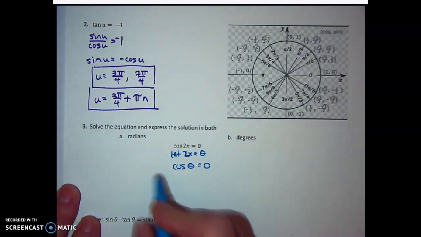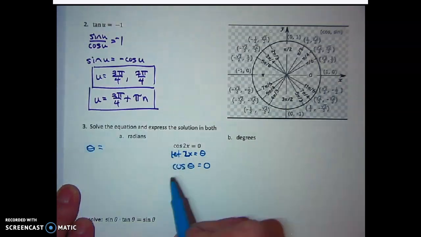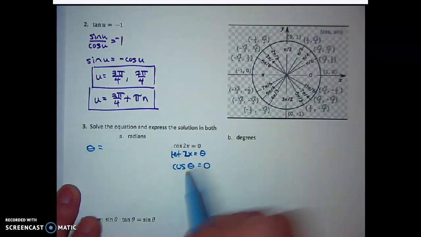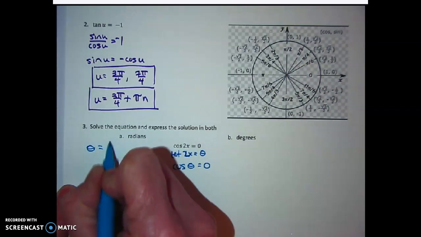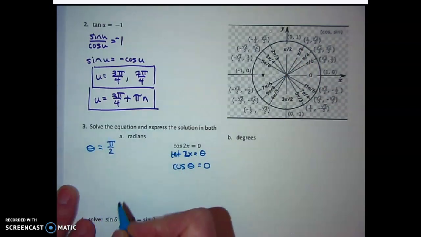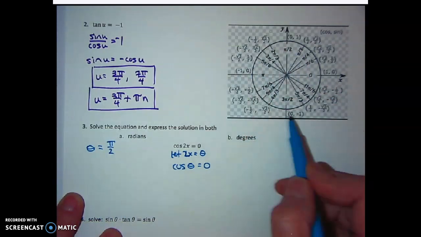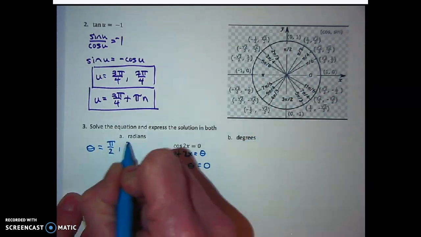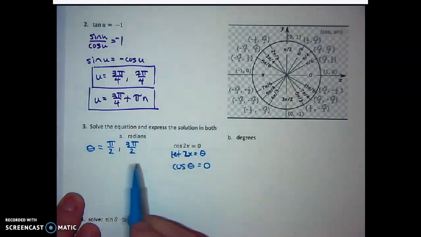Well, again, using the unit circle, let's do the radians first. Theta, when is cosine is x, so when is my x coordinate 0? Oh, here it is, pi over 2. And where else is my x going to be 0? Here at 3 pi over 2. So those would be the two solutions between 0 and 2 pi.